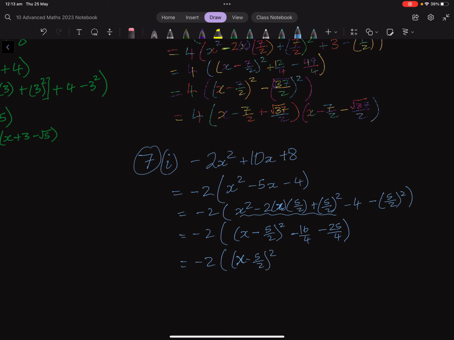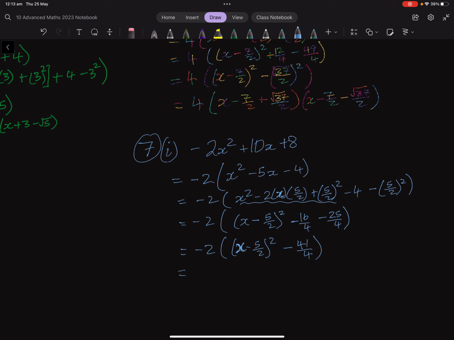Negative 16 minus 25 is negative 41 over 4. I didn't write it as a perfect square this time, and that's okay as long as I remember to put it into my brackets when I'm doing the difference of 2 squares as root 41 over 2. And then x minus 5 over 2 minus root 41 over 2. And that would be your answer.